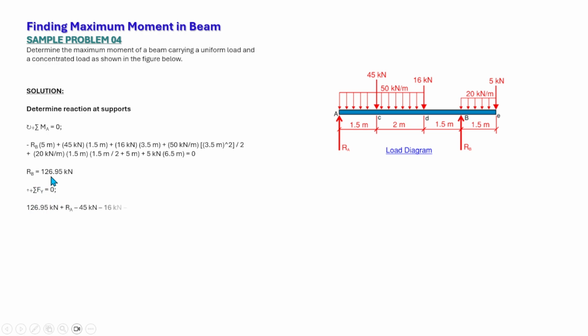And that is 126.95, this is upward load, plus RA minus 45 kilonewtons and minus 16 kilonewtons due to this concentrated load, minus 50 kilonewtons per meter times 3.5 meters, which is this one, minus 20 times 1.5 at the cantilever end, minus 5 kilonewtons, which is this one.